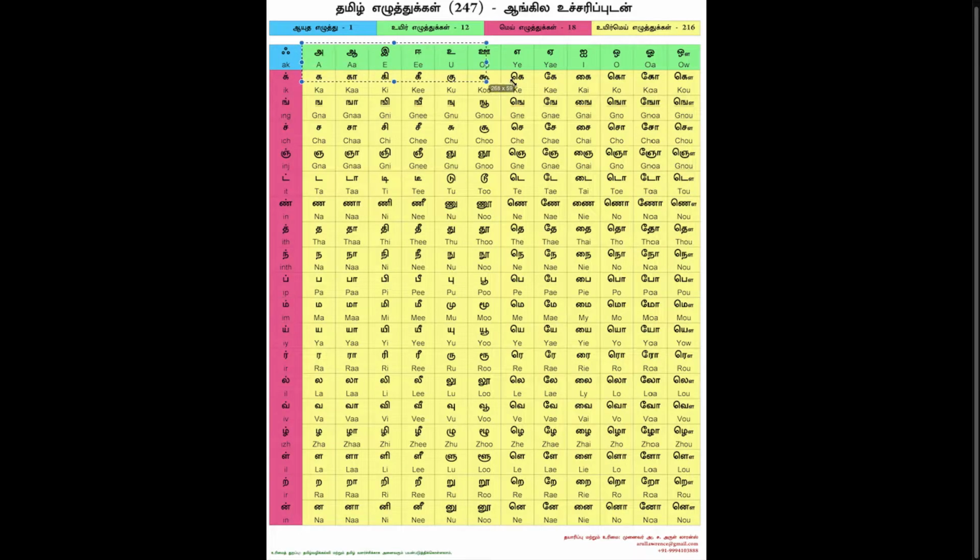You have to learn 12 letters, 18 letters, and then 10 shortcuts, 10 indicators, right? So 10 plus 18 is 30, 30 plus 10 is 40. So you have to learn 40 things to master 247 letters. I think that's a good win, right?